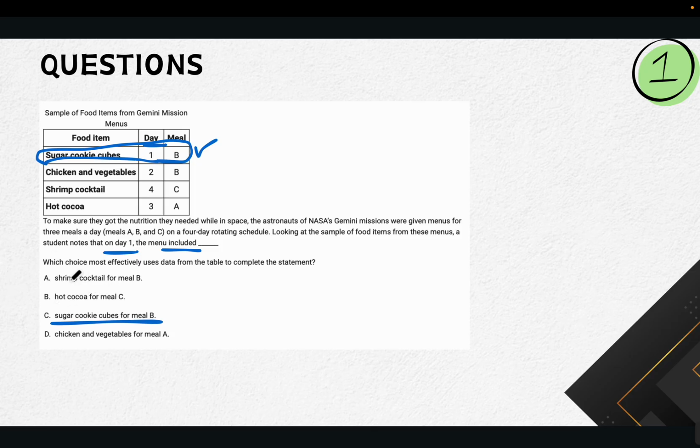Option A is wrong because shrimp cocktail is not on day one, first of all, and second of all, it is not meal B, it's meal C. And hot cocoa is not on day one, and it is also not meal C. And chicken and vegetables is not meal A, and it is also not on day one. So even if we skip the detail of day one, we could still answer this question correctly.